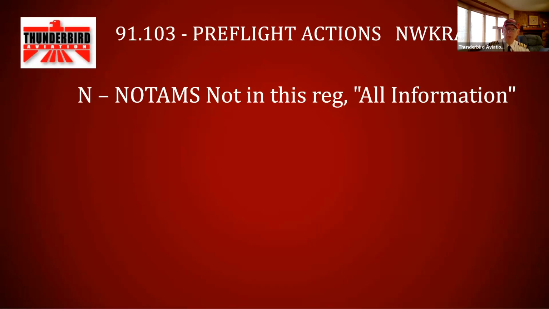There's NOTAM Ds, which talk about different things at the airport, and depending on how you're getting your NOTAMs in flight, they break it down to airport NOTAMs, navigation NOTAMs, and TFRs separately.